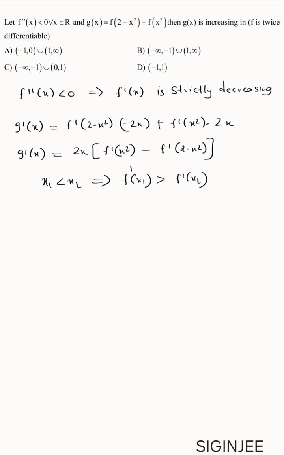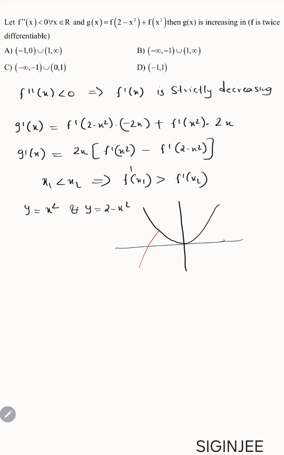To know that, let us draw the graphs of y = x² and y = 2 - x². They are basic graphs. This is the y = x² graph and this is the y = 2 - x² graph.